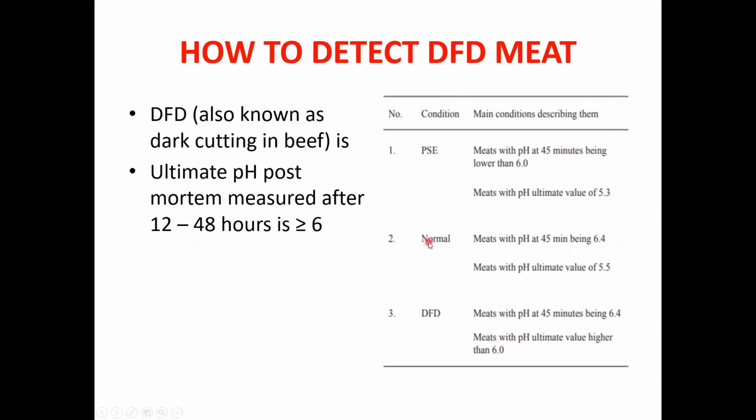The ultimate pH, around 12 to 24 or 48 hours, will be around 5.5. In the case of DFT, even after 45 minutes, the pH will be around 6.4 or more, and the ultimate pH, after 12 to 48 hours, will be more than 6. So this is how we can detect the DFT meat.